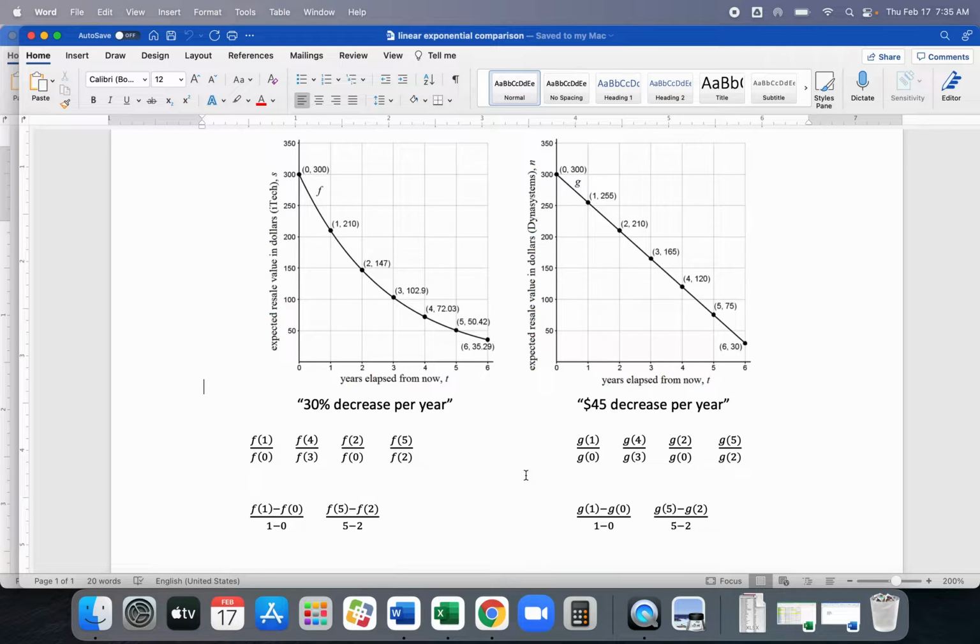A quotient of some values. Some are consecutive values, like 1 year apart. Some are not. And then there's some difference quotients, where it's not just a quotient or comparison, but a comparison of the differences. A couple each of those. One for 1 year apart and one for not.